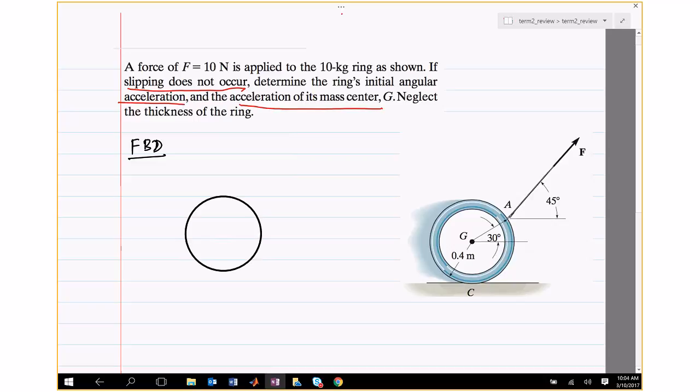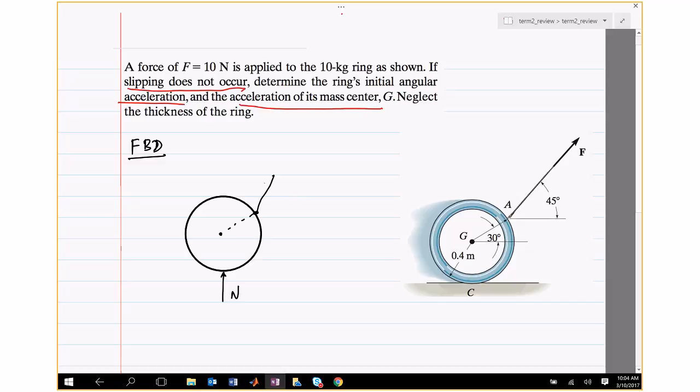Okay, so since the ring is on a flat panel, there is a normal force. The external force is applied at, say, 45 degrees. Okay. However, I need to change this a bit.